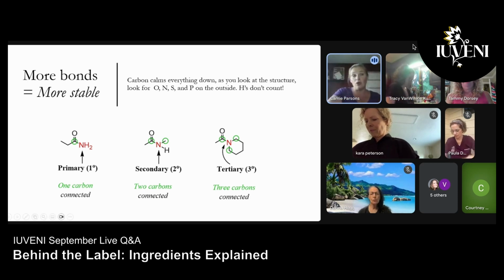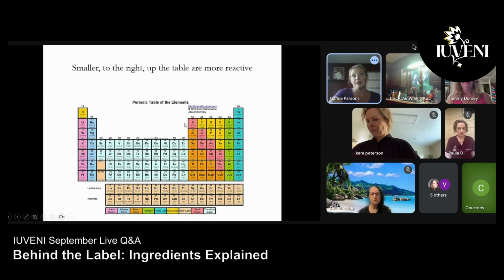If you see no carbons, NH3, when it has no carbons, is ammonia. One of the most reactive little things, but this nitrogen that's in the middle of all these carbons, you're not doing anything. So remember, the more bonds you see, the more stable it is. Stuff in the middle is not going to react with anything. Look for stuff on the edges.